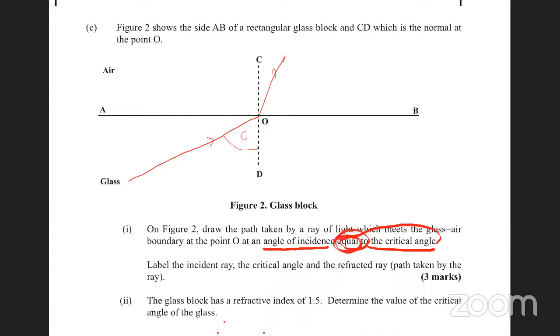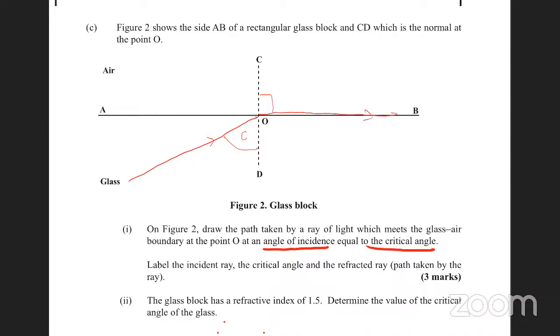Remember the first note from today: 90 degrees from the normal.